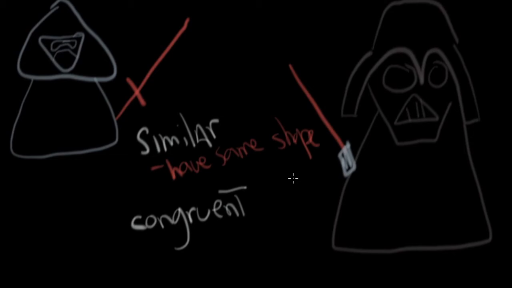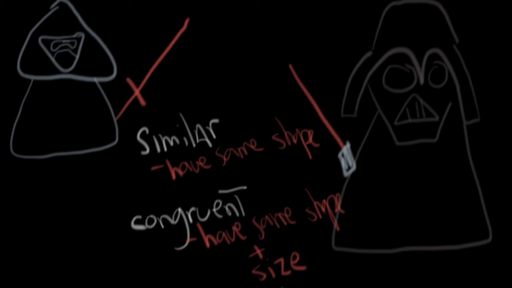Congruent figures have the same size and the same shape. Obviously Kylo Ren and Darth Vader are neither similar nor congruent, although they're related, but mathematically we can't say that they're similar or congruent.